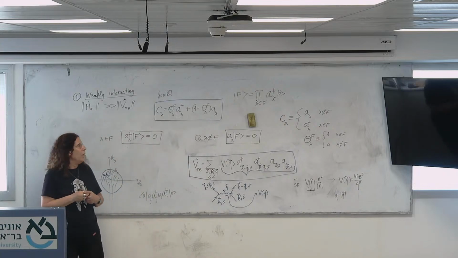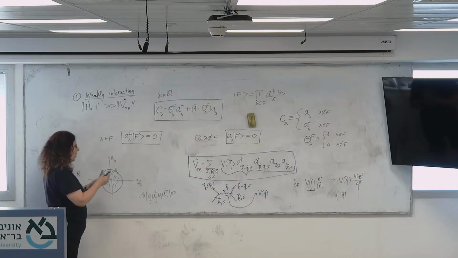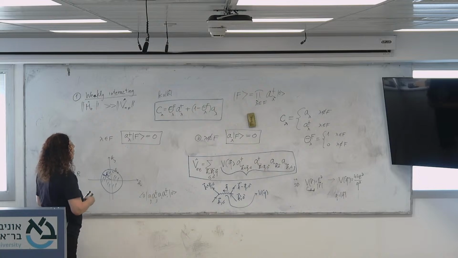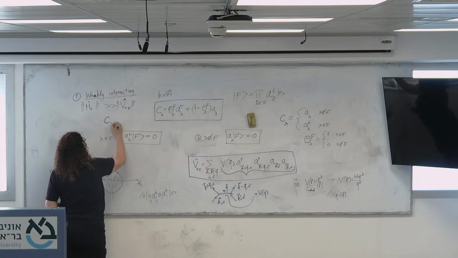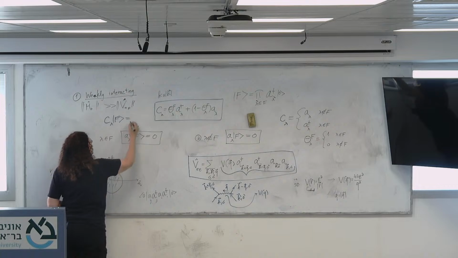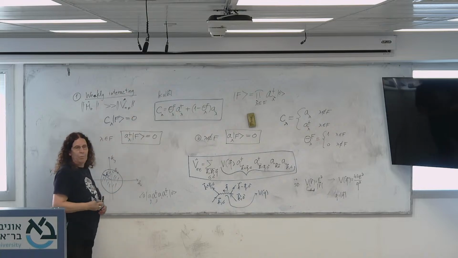And this definition of C, when it acts on the state F, the full Fermi sea, always gives me 0 for any lambda.